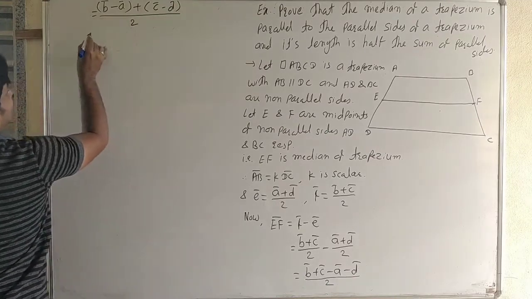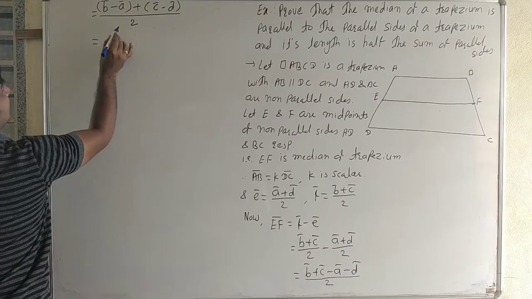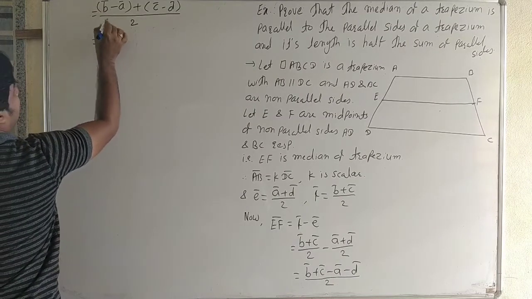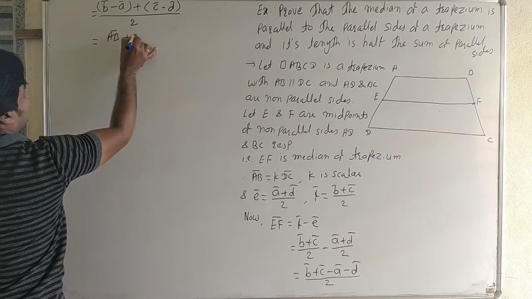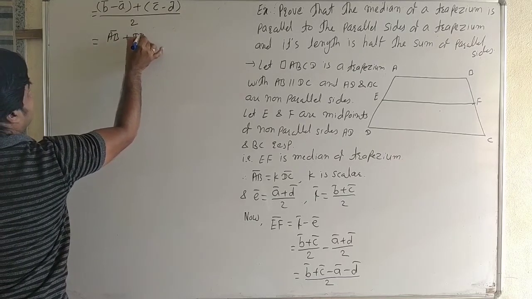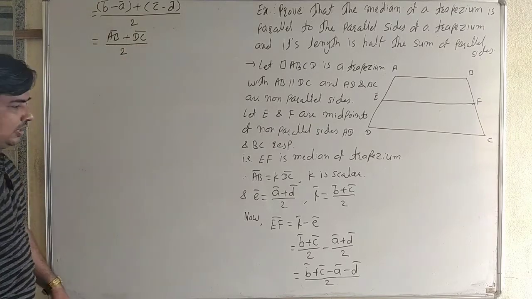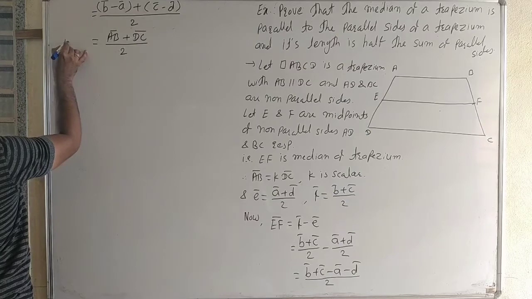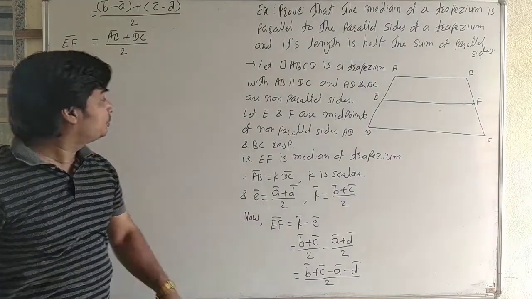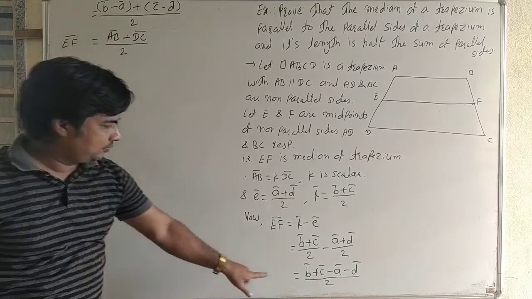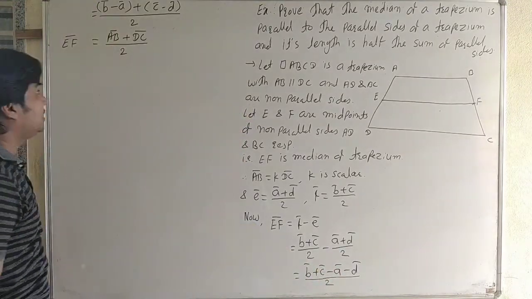Then we can write, B bar minus A bar is vector AB and C bar minus D bar is vector DC, so vector EF is equal to (vector AB plus vector DC) upon 2.